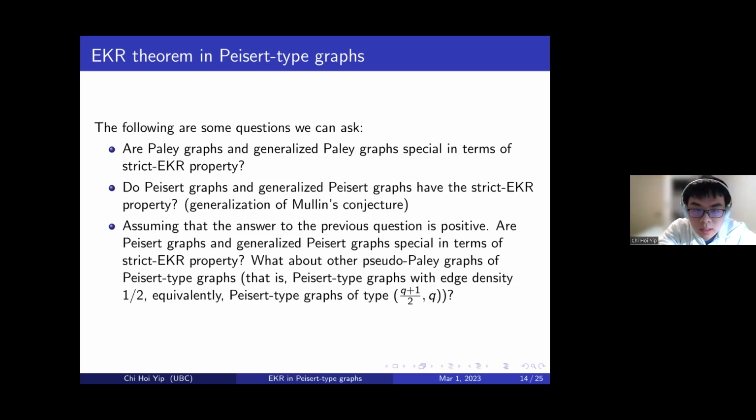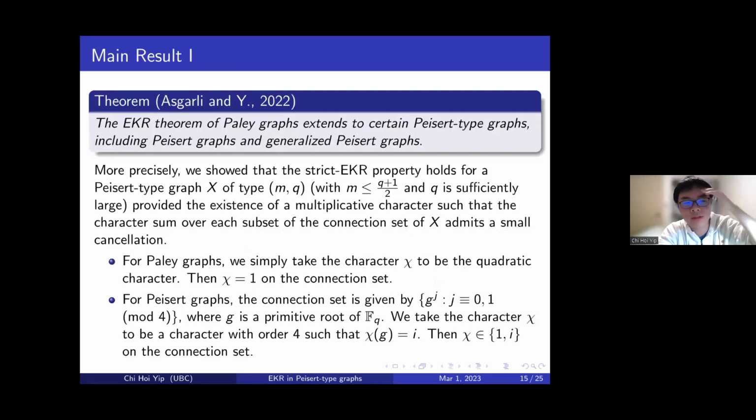Now I'm finally able to describe our first main result. It says that the EKR theorem of Paley graphs does extend to certain Peisert type graphs, and in particular, the EKR theorem extends to Peisert graphs and generalized Peisert graphs. So we confirm Mullin's conjecture essentially.